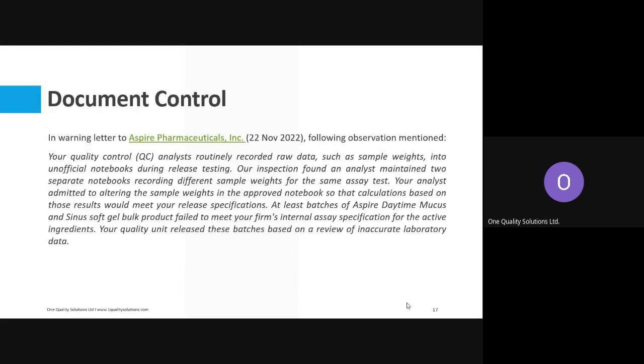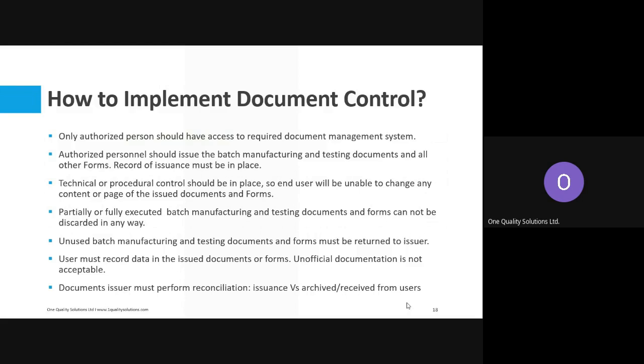Yes, that is correct. This is not acceptable at all. Okay, we can see in the next slide how we can implement document control.